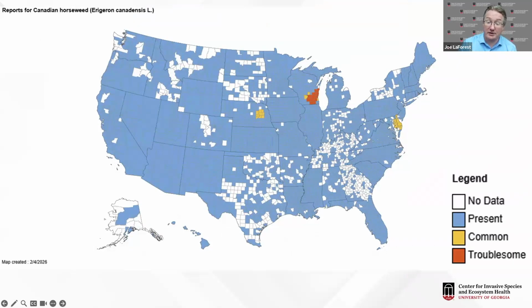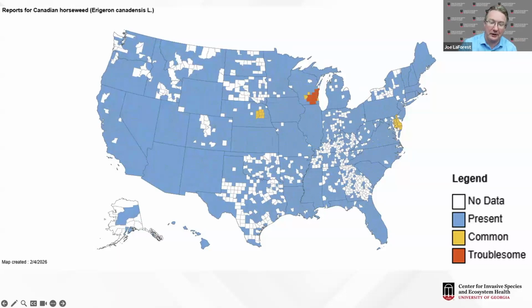This is looking across all the data sources we have where someone has reported this. I know from the other data in EDDMapS presence absence. Okay, that's great. And then I start adding in on top of this, where do I have these notions of common and troublesome coming in? We aggregate that across all the partners. I can split it out then by commodity if they want that, but here you go.